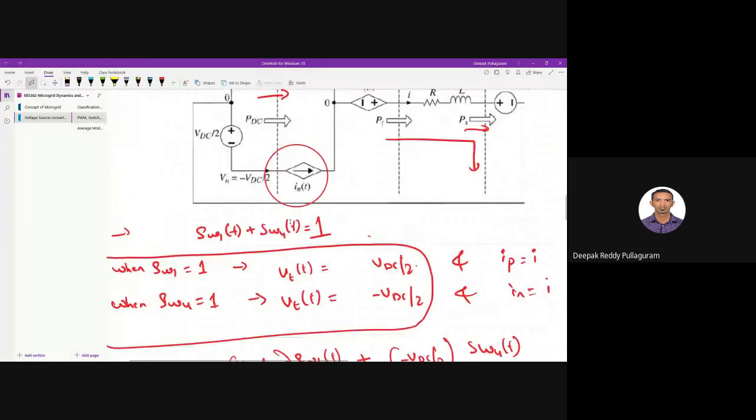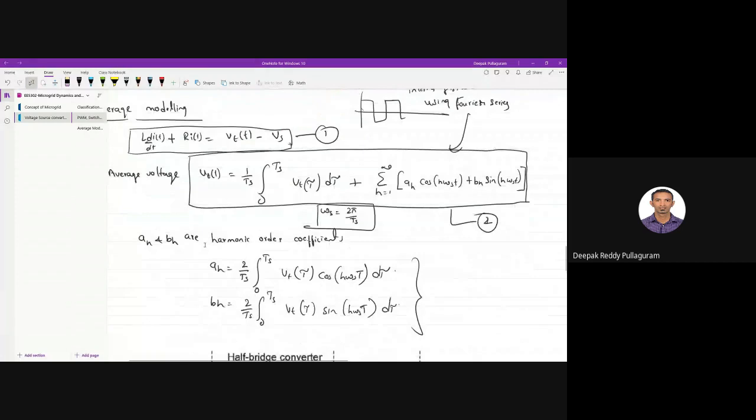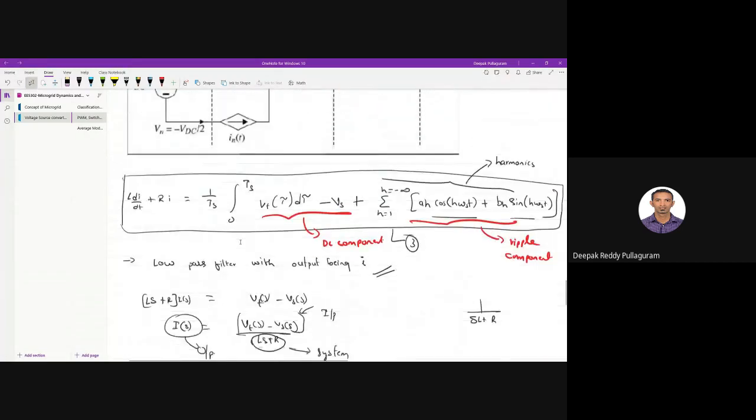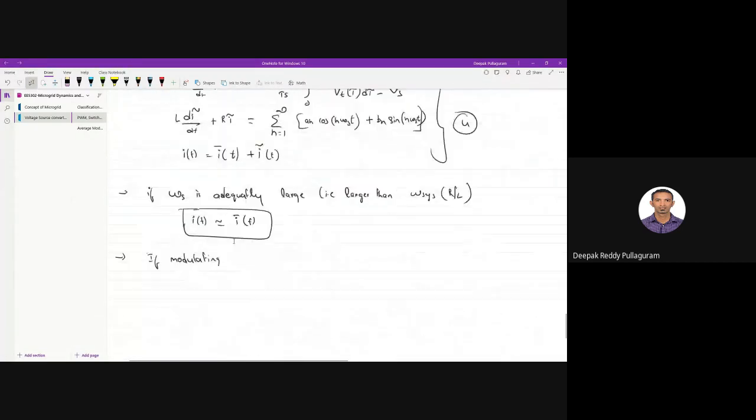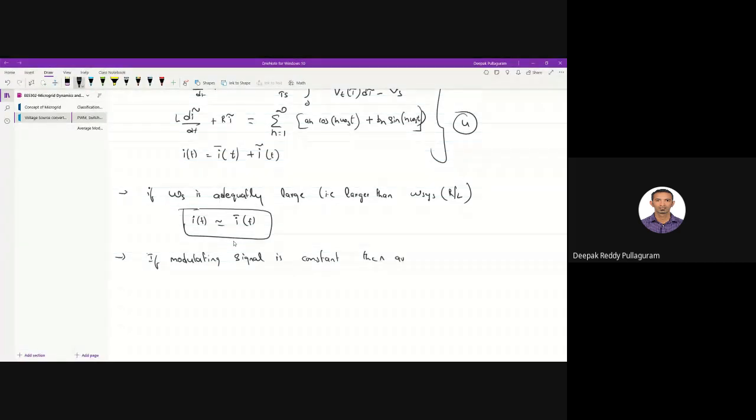If the modulating signal is constant, then all this analysis looks fine, and we can take on time and off time as fixed and directly calculate the average value, isn't it? Calculation of the average value is much easier if the modulating signal is constant. Agree on that? Yes, it's nothing but duty times the input.